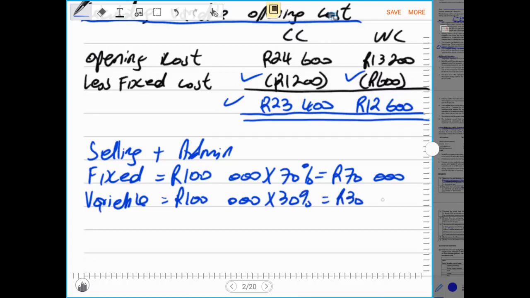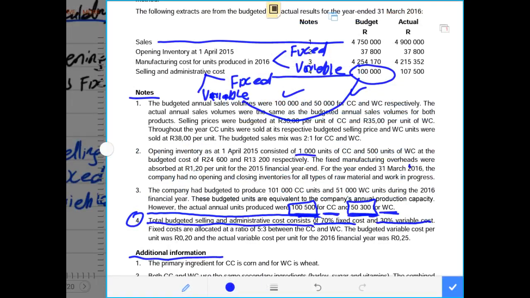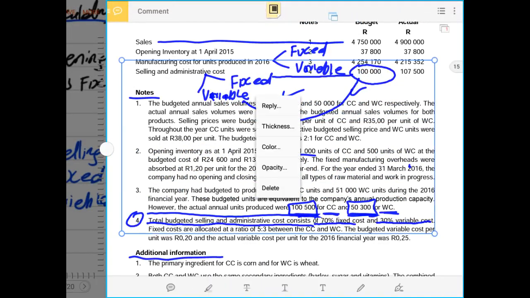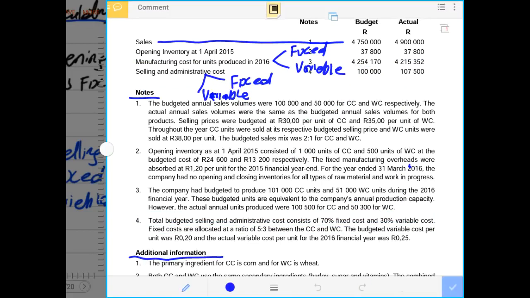The total of that will obviously give us the amount that we're allocating, which is 100,000 rands of selling and administration. So we have split our selling and administration into the fixed and the variable portion.